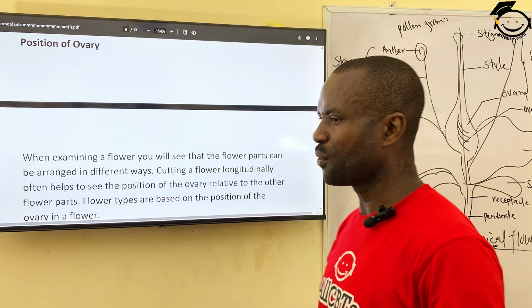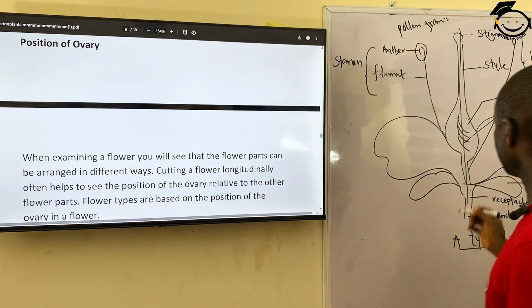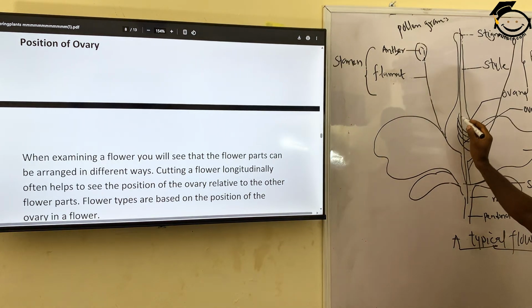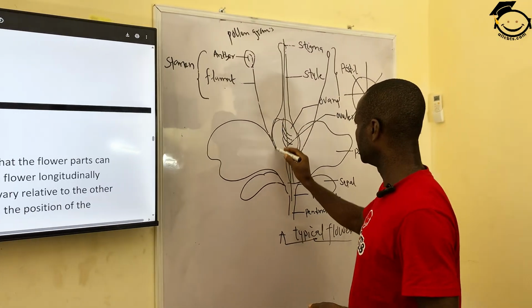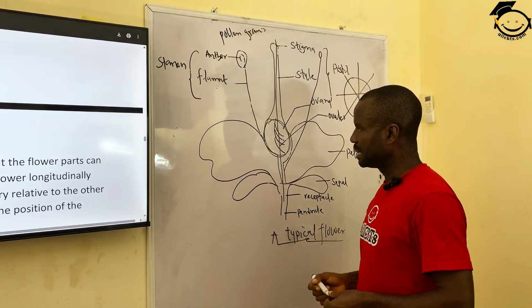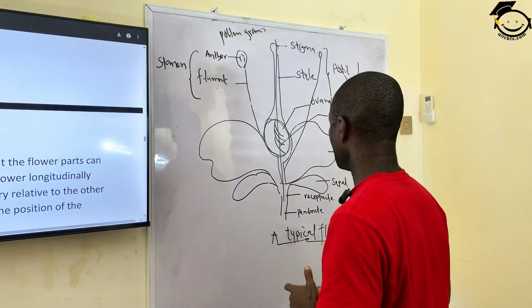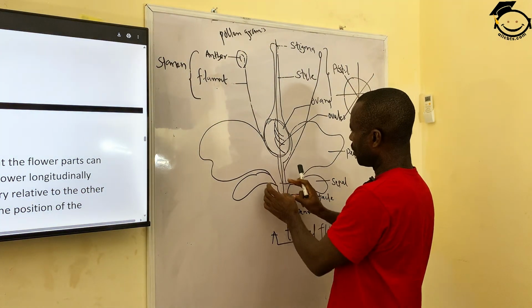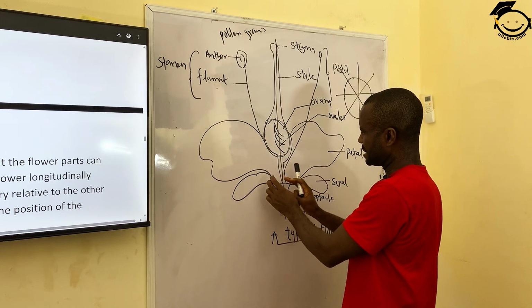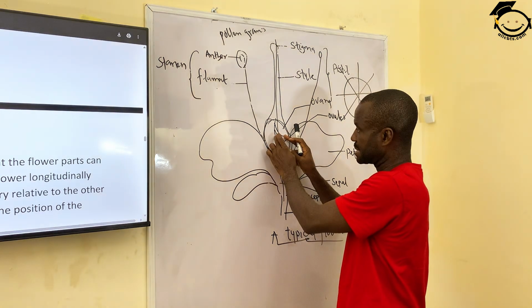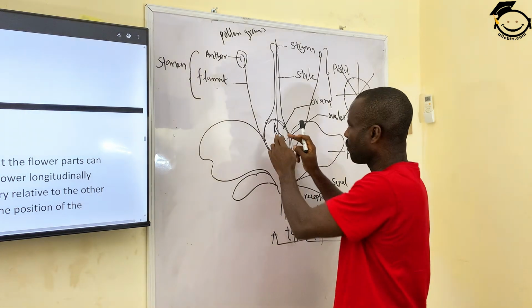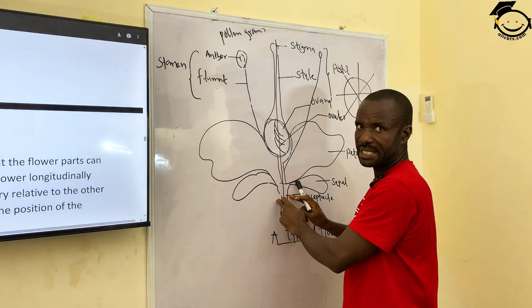Now, position of the ovary. From this structure, we call this place the ovary. This side is the ovary. The ovary is positioned in such a way that we can have it above all the floral parts. In this diagram, you can see the ovary is above the floral parts. And in some flowers, the ovary can be seen below the floral parts.